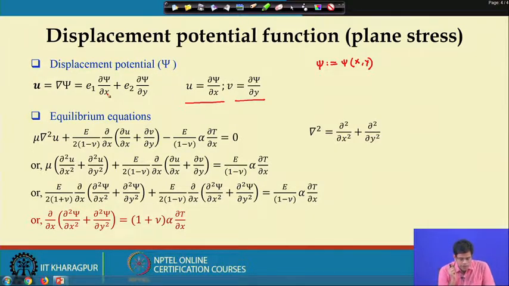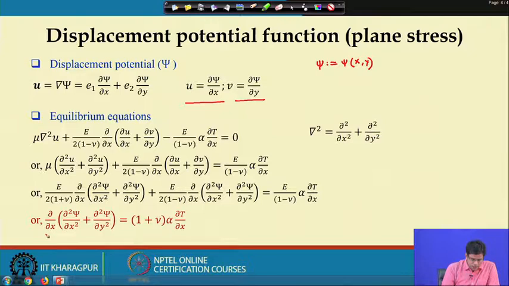Now we know the equilibrium equation in terms of displacement from the previous slide, so I substitute this displacement potential psi in the governing equation. Once I substitute that, I just need to rearrange it, and after rearrangement I finally get this equation.